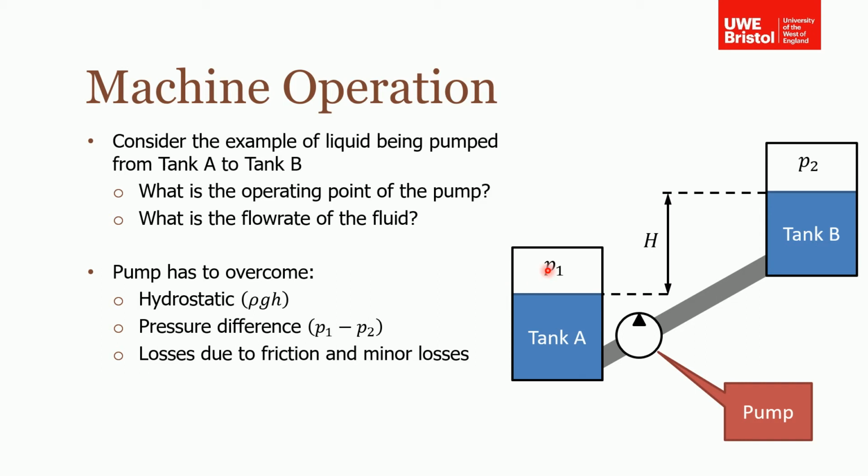It's also got to overcome the pressure difference between the two tanks, if there is a pressure difference, and also needs to overcome the losses due to the pipe network. If you remember, that's a combination of friction and also the minor losses of any bends, filters, valves, etc. in between.